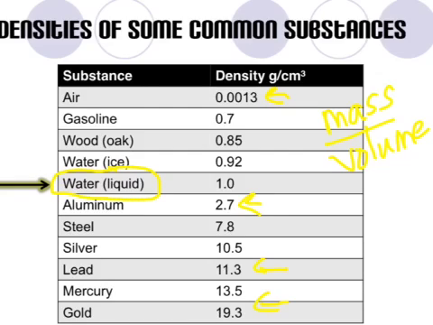If we have pure water, H2O, pure liquid water at room temperature, not too cold, not too hot, it has a density of exactly 1. So it's 1 gram divided by 1 cubic centimeter. Ice is less, and that's why ice floats. Wood is less. That's why wood floats. Aluminum, steel, silver, lead, mercury, and gold all sink. So that might give you a little bit of a hint about density.